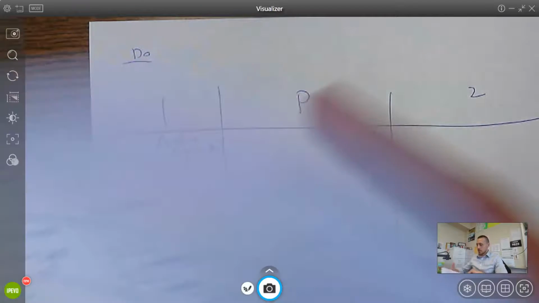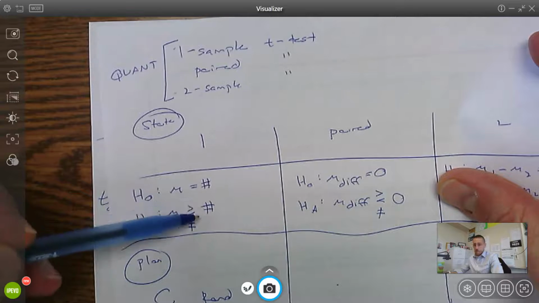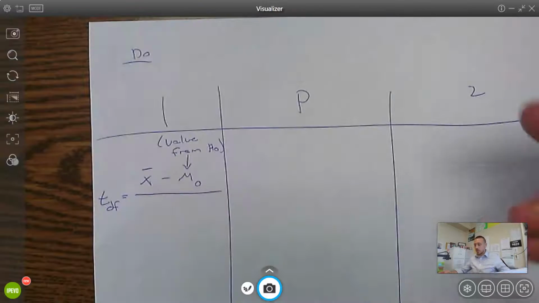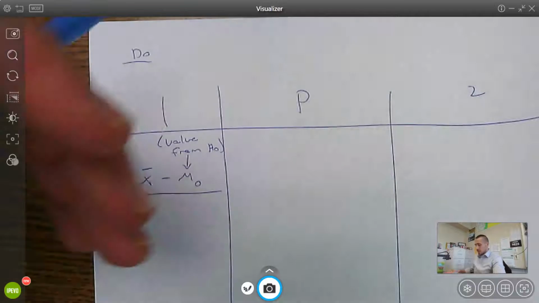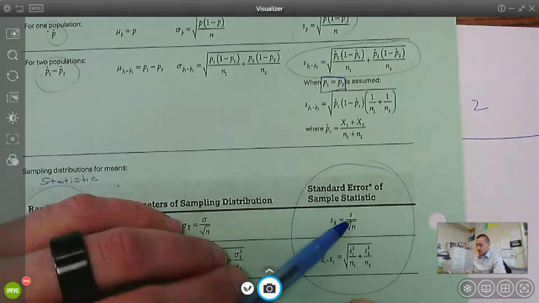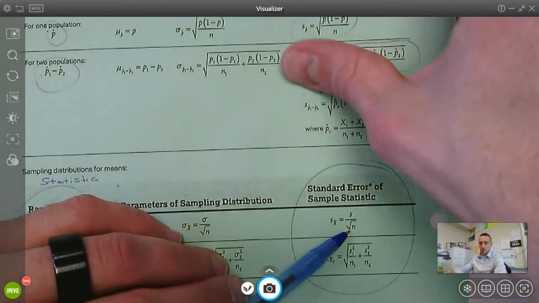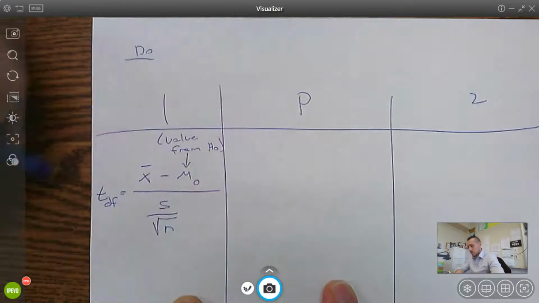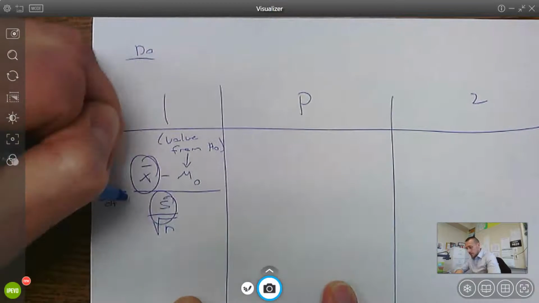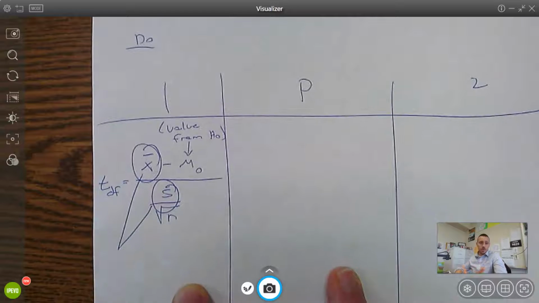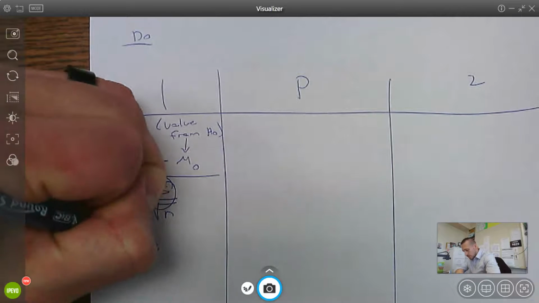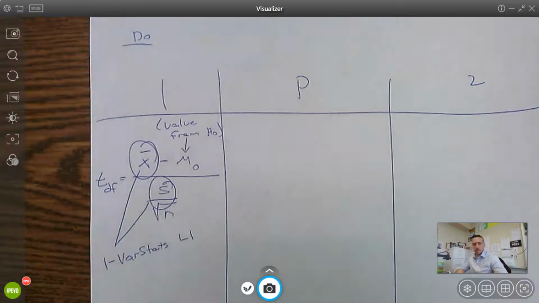So going back, it's going to be some number here. And then for paired and two sample, it's going to be 0 in almost all instances, divided by the standard error of the statistic, which I have here, s divided by the square root of n. Okay, the sample mean and the sample standard deviation, they're either going to tell you those in summary statistics, or you're going to run one variable stats on list 1 to get those values.